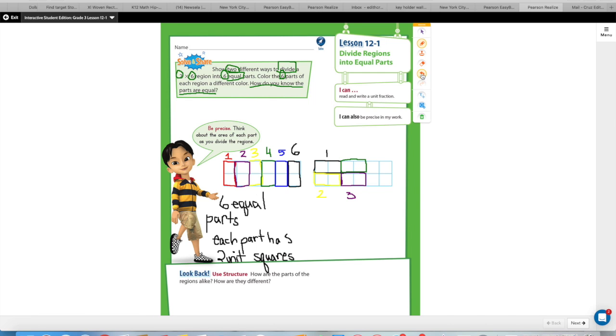That doesn't look really equal. Let me erase it. This is five parts.